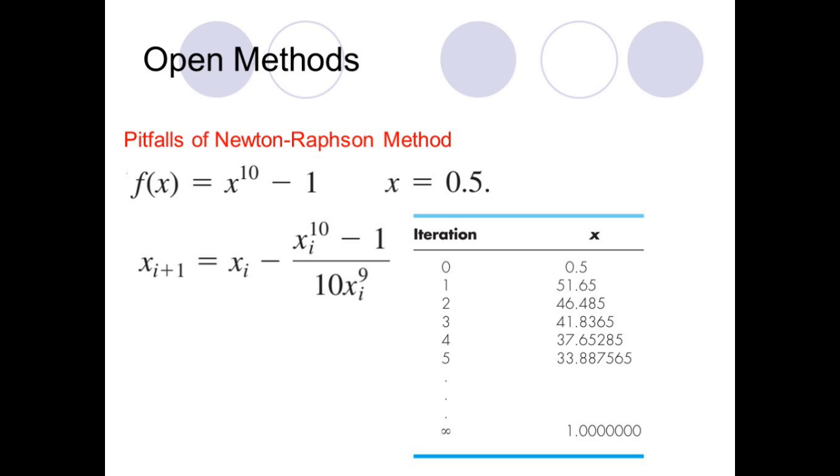The convergence is poor, or it may diverge in some cases, as you see in the fifth iteration, the value is 33.88 with the initial guess of 0.1, even though the root is 1.